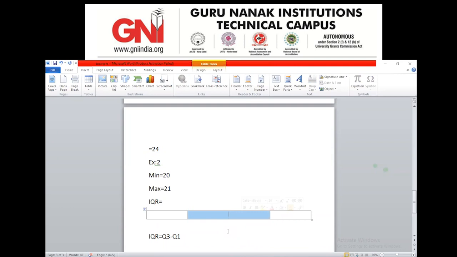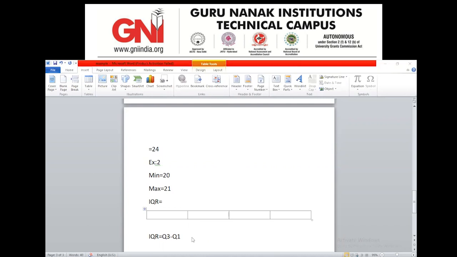Sometimes a complete month will be divided into 4 parts. So you should know what the sales are in the middle of the month. For that you should know the quartile IQR range, between Q1 and Q3.